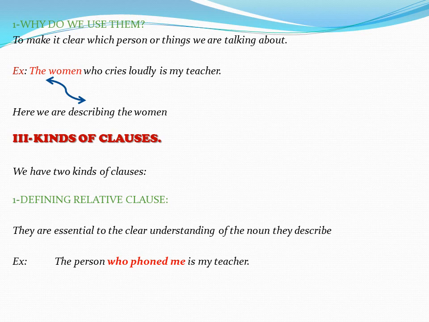Like in this example, the person who found me is my teacher. Who found me is very important to the clear understanding of the sentence. It makes the person unique.